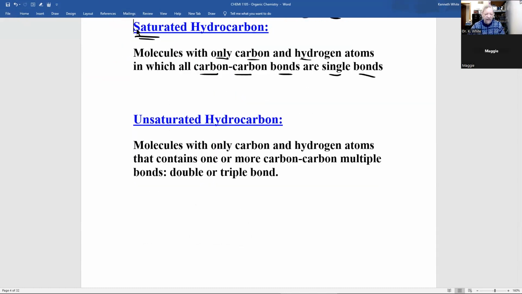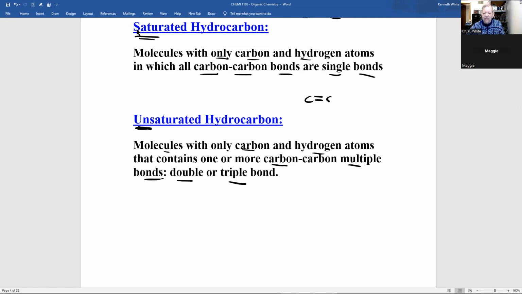Now, the other one is unsaturated hydrocarbon. Because it's a hydrocarbon, it's a molecule with only carbon and hydrogen atoms, and it contains one or more, now something new, carbon-carbon multiple bonds, which can be a double bond, two pairs of electrons, or a triple bond.